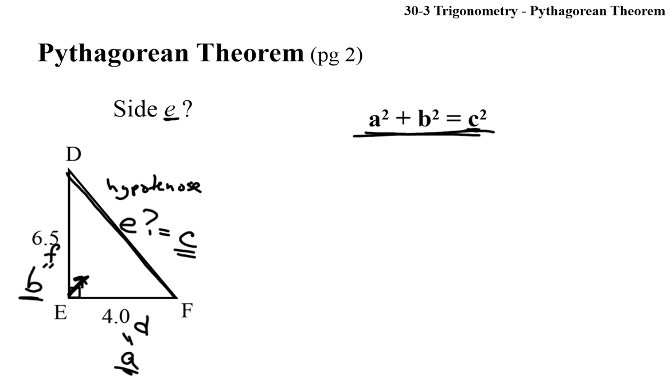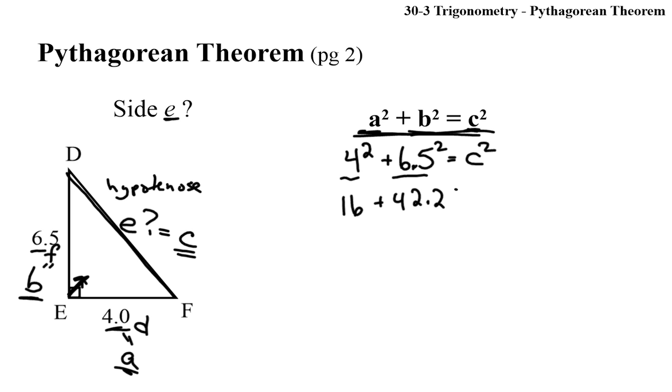But at this point, our two non-hypotenuse sides are 4 and 6.5. 4 squared plus 6.5 squared will equal the unknown hypotenuse squared. What can we do once we substitute it in? Well, we can do our multiplying. 16 plus 42.25 equals C squared.